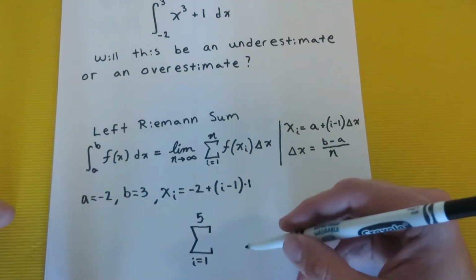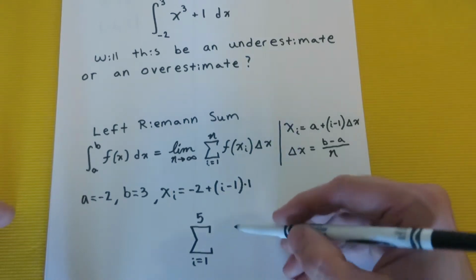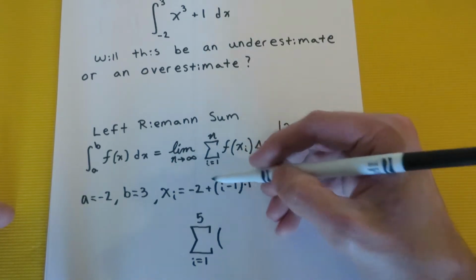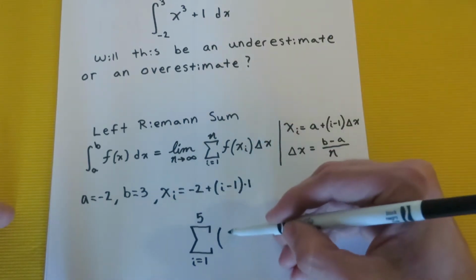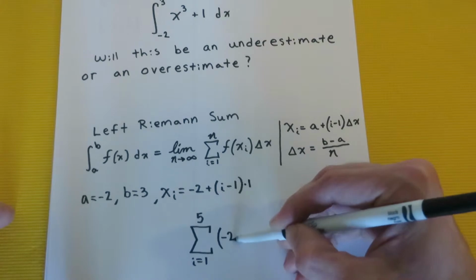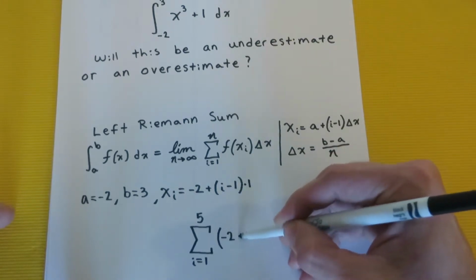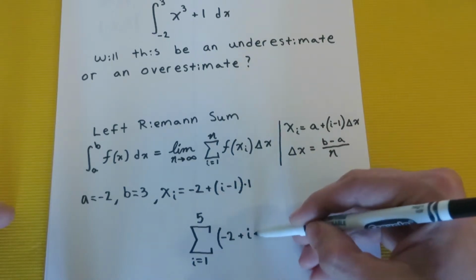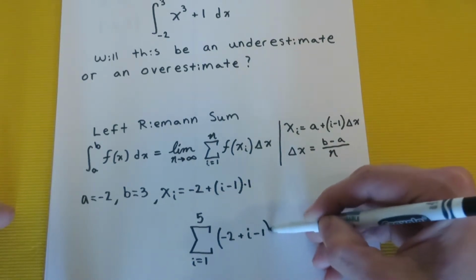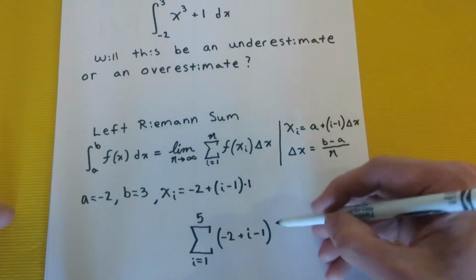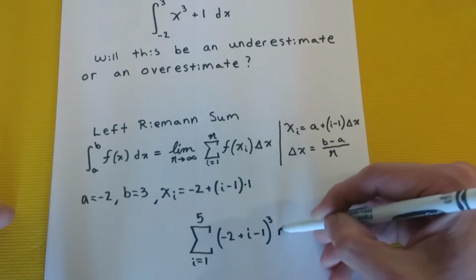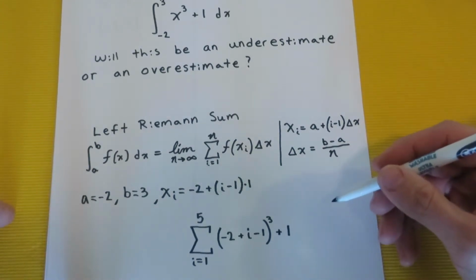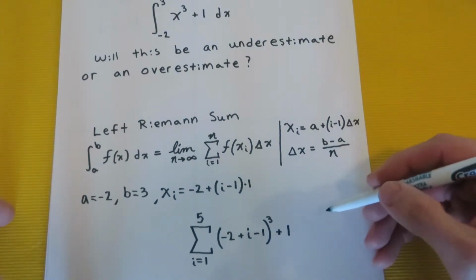And that something is just going to be this right here, so I'm just going to plug this in: -2 plus i minus 1, that's going to be cubed, plus 1. Let's see if we can simplify this just a little bit further.